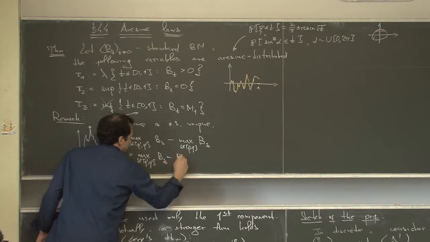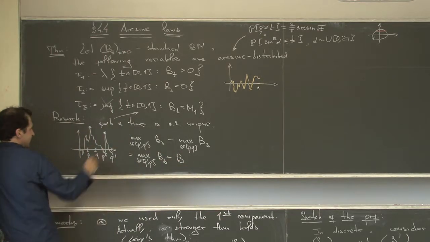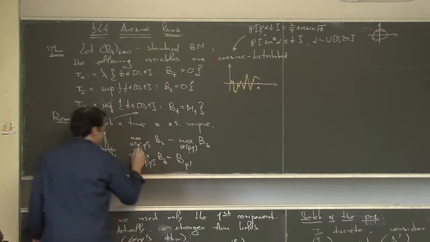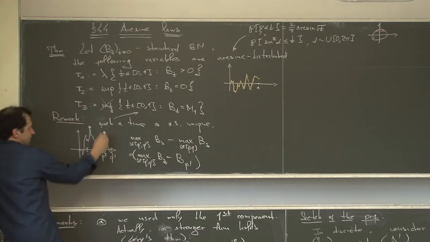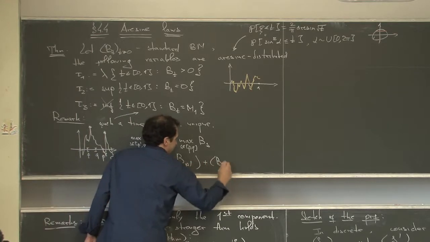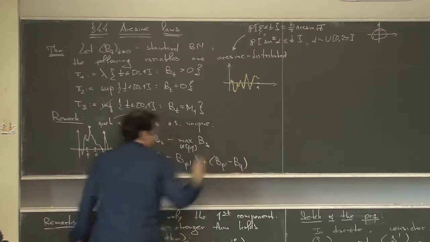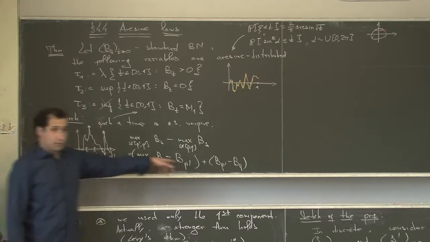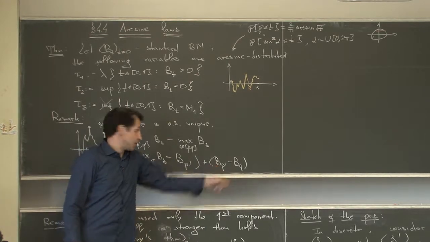Just to compare it with the right end. Okay, it was the right interval, so with the left end. So this is just the difference of this value and BP prime. Then you have some increment which is absolutely continuously distributed. Right? Because this is just a Gaussian variable.